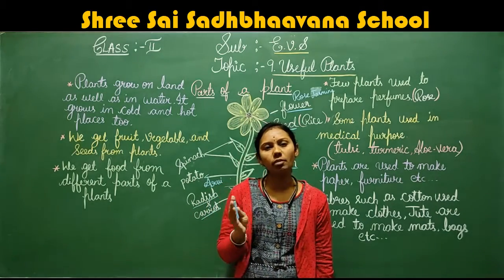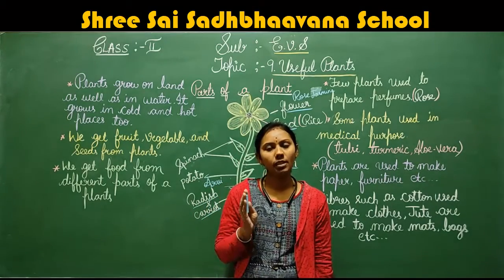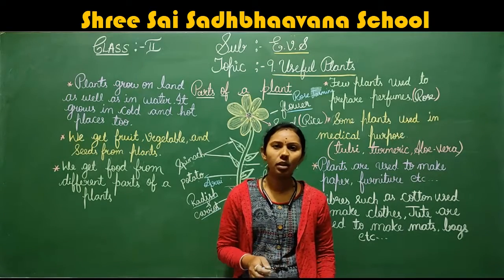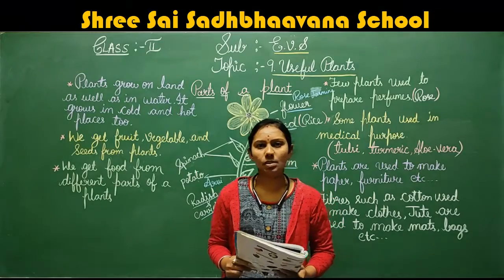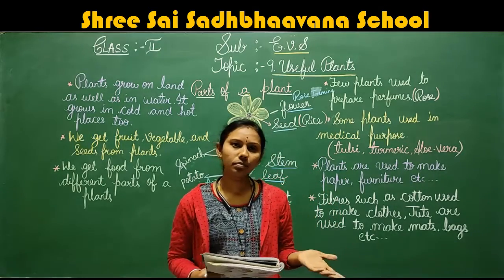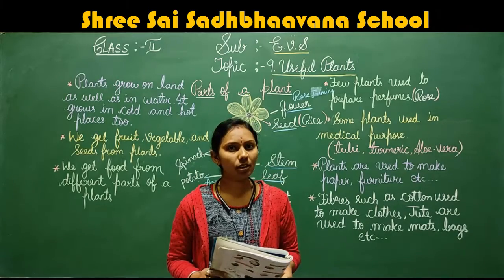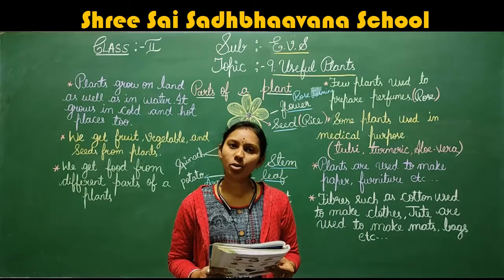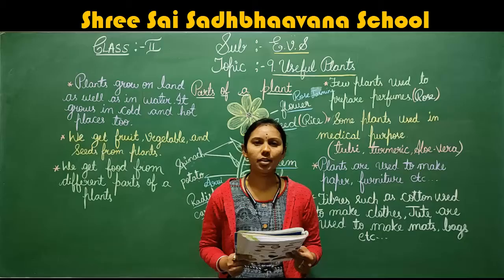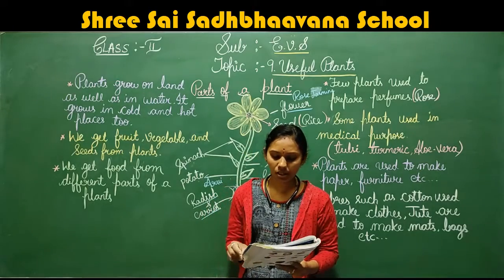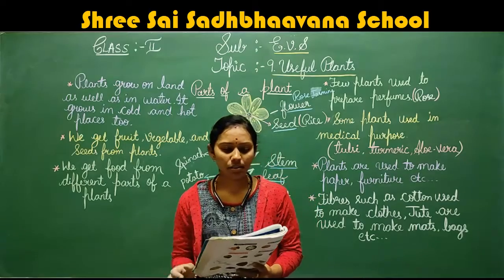They use different types of oils to cook food. Okay, understood? Now from this we understood that oil also we get from the plants. Got it? Yes. Next, fibers.